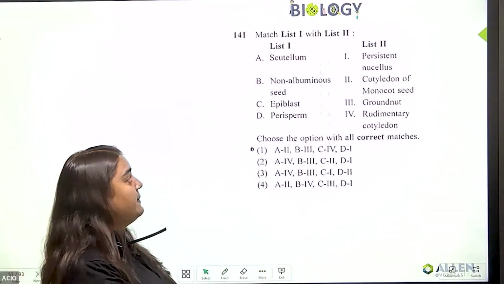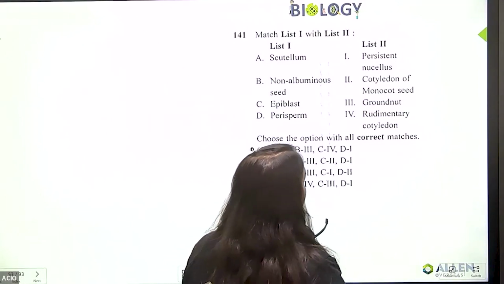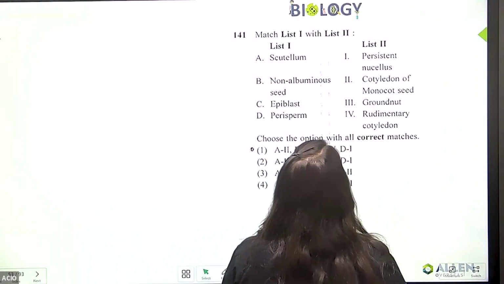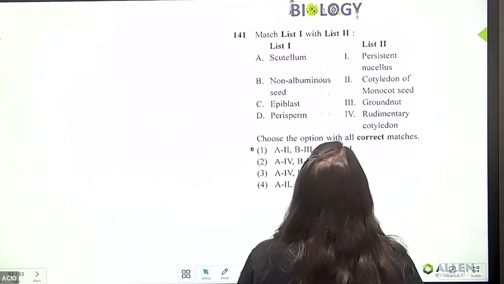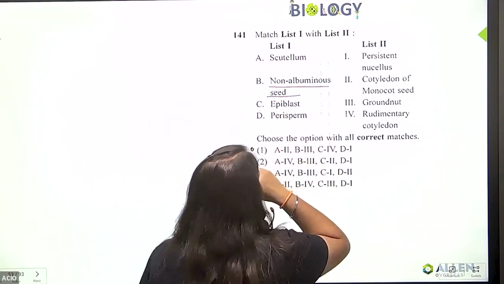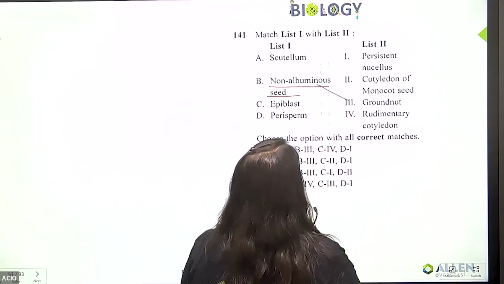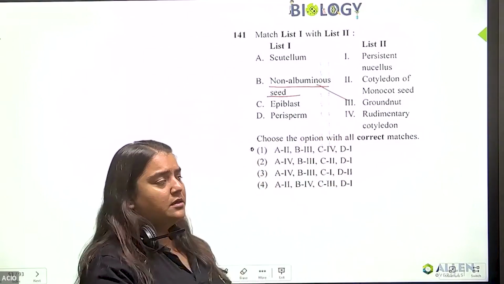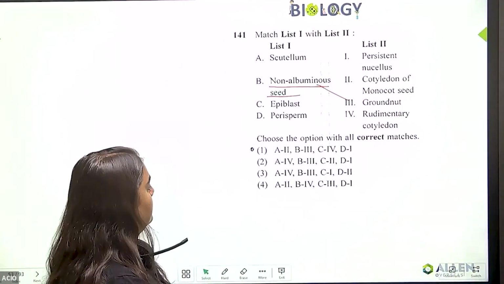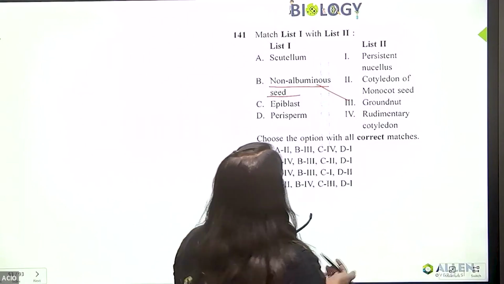Next, let's match list 1 with list 2. Scutellum, what is scutellum? The embryo, or the cotyledon. Then we have non-albuminous seed. Non-albuminous seed means no endosperm is there. Endosperm is absent, so it will be groundnut. Groundnut is a dicot, so it's a non-endospermic seed. So B goes with 3. A goes with cotyledon of monocot.